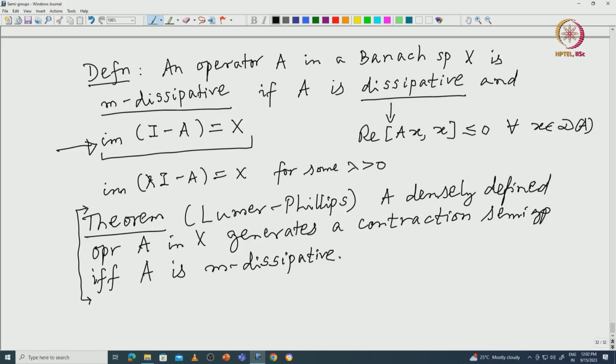Otherwise dissipativity is just an algebraic condition, and this is with respect to any semi inner product, which you should bear in mind.